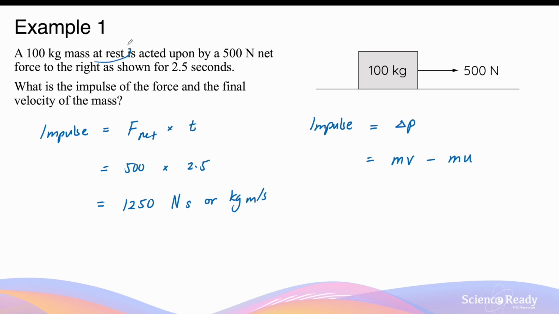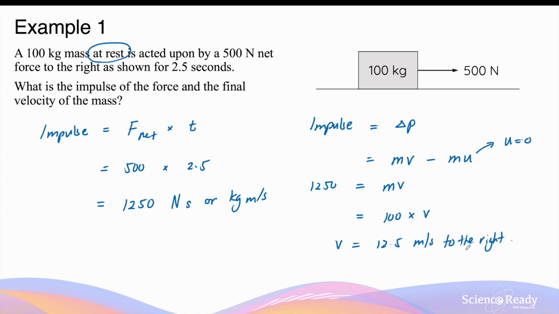Since the object was initially at rest, its initial velocity is 0. So the impulse of 1250 that we previously calculated is simply equal to the object's final momentum. This is equal to its mass of 100 kilograms multiplied by its final velocity. So its final velocity is 12.5 meters per second to the right.